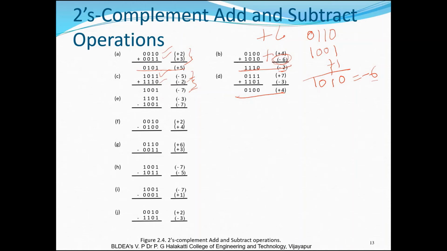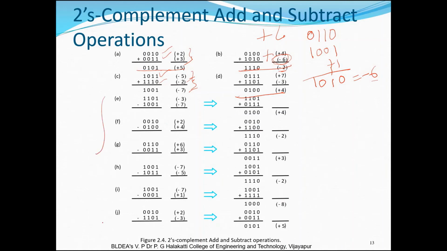Okay, now coming to the other sums, that is from E to J. Now A to D follow rule number 1. Now E to J, I am performing subtraction, so they are going to follow rule number 2.